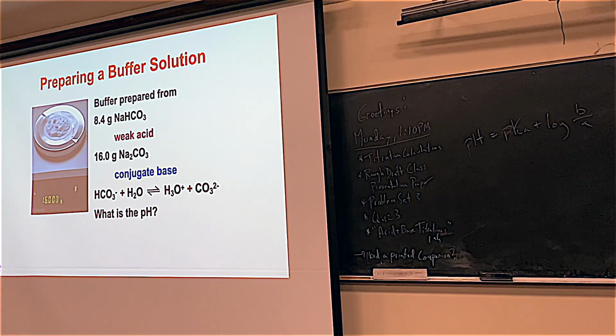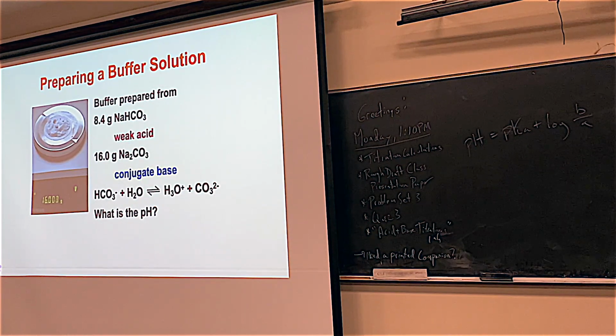So this question, to me, screams Henderson-Hasselbalch, all right? Because it's a buffer. You've got a weak acid and a base. You've got an equilibrium. You know what the acid is and the conjugate base. pH equals pKa plus log base over acid. So if you gave me this problem, I would recognize it as a buffer problem.